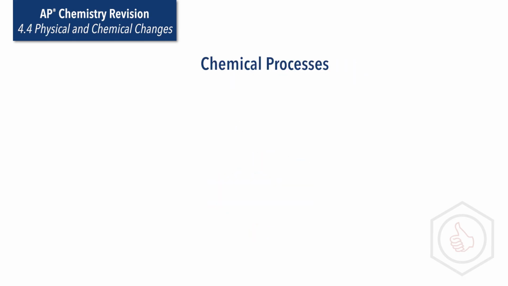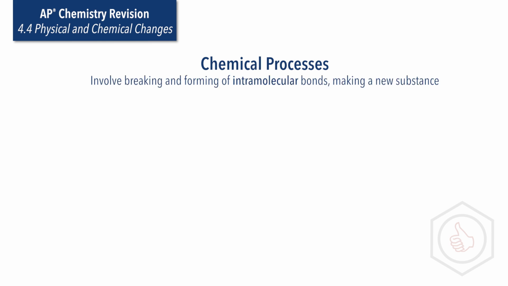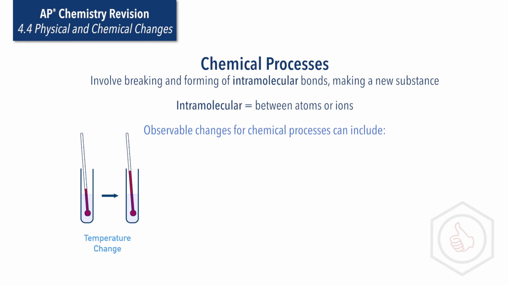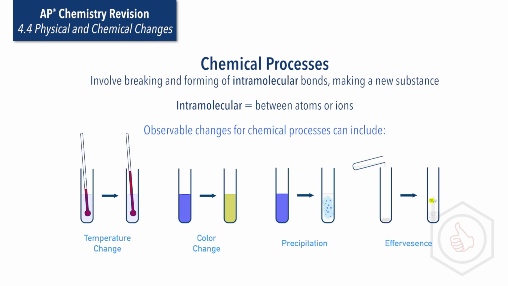Chemical processes involve the breaking of intramolecular bonds and the formation of new intramolecular bonds to create different substances. By intramolecular bonds, we mean bonds between atoms or ions, for example covalent or ionic. During the formation of new substances, often observable macroscopic changes take place, for example heat energy being released, color changes, precipitation, and gas formation.